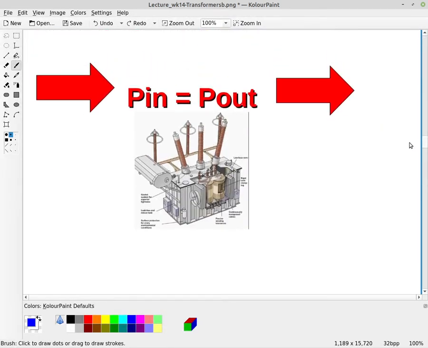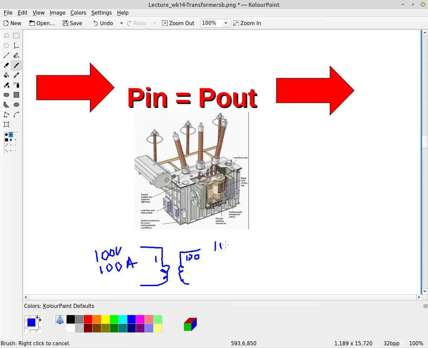All right, and so again, the key to this is the power in is equal to the power out. So if you have 100 volts and 100 amps, and you're feeding that into a transformer that is 1 to 100, what that means is you're going to step up the voltage.